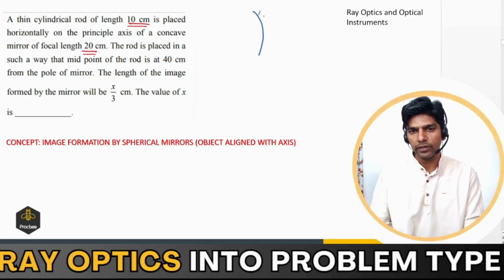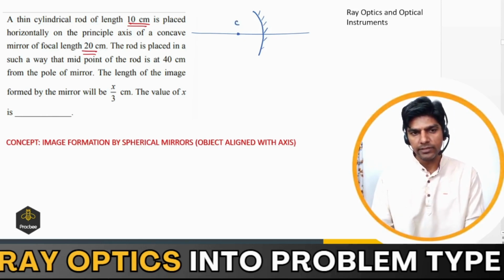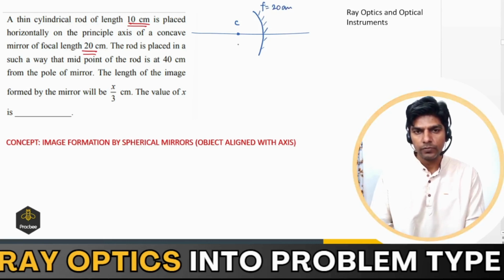So we have given a concave mirror, and this is the center of curvature, C, and the length of the rod is 10 centimeter and focal length is 20 centimeter. So we can say the center of curvature will be at a distance of 40. The rod is placed in such a way that the midpoint of the rod is at 40 centimeter.